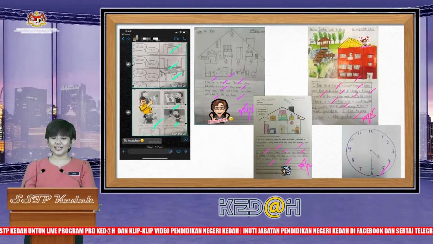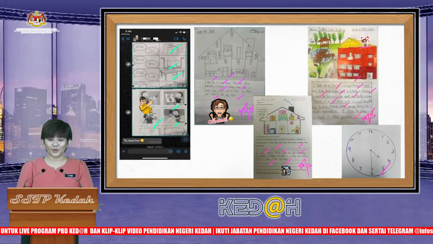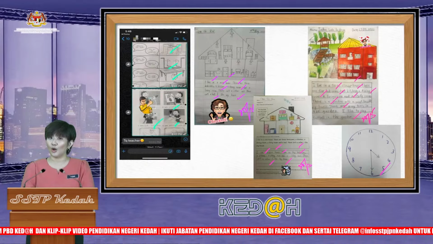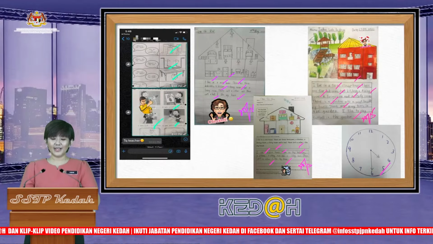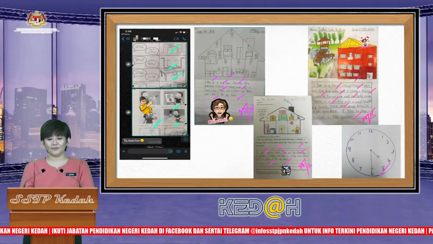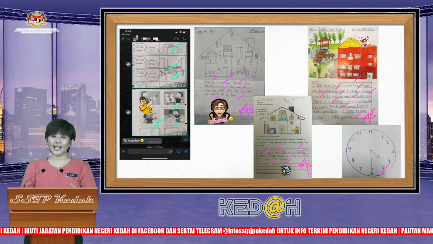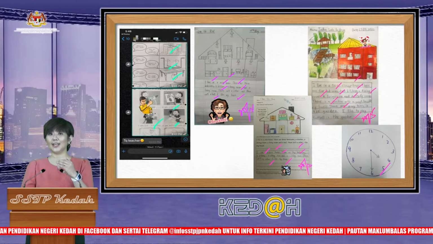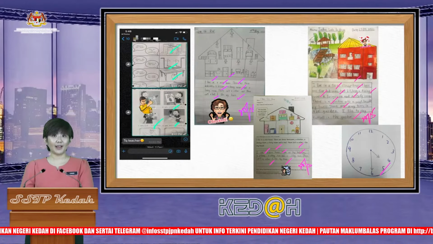So in many circumstances, however, not all pupils are fortunate to have the device or the facilities to learn online. There are many alternatives that a teacher can choose. So these are some samples of my pupils' work where they send their work to me through WhatsApp. After checking and marking, I will send it back to them.